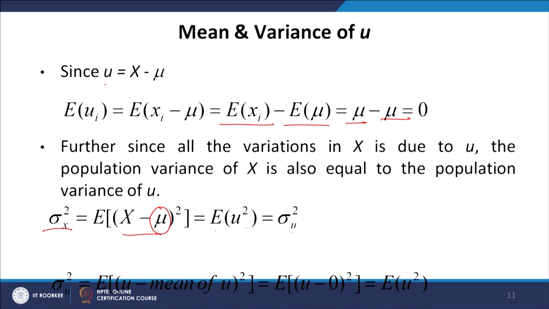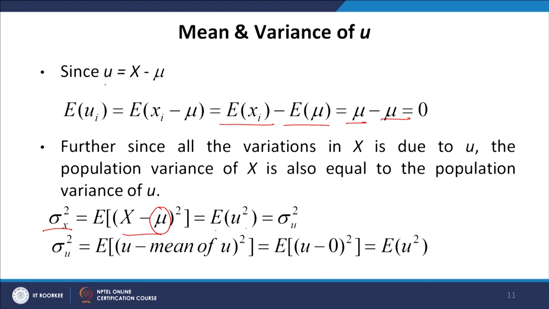Now, how am I arriving at it? The variance sigma u squared is the expected value of u minus the mean of u, squared. We have already seen that the mean of u is 0. So, I am left with the expected value of u squared, and the expected value of u squared is the variance of u.